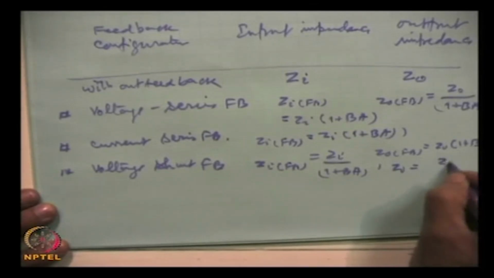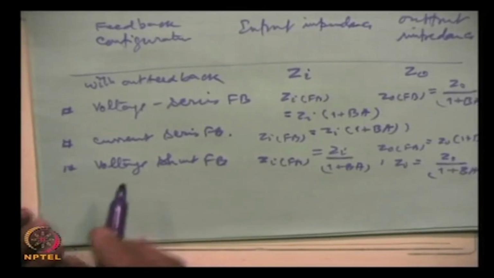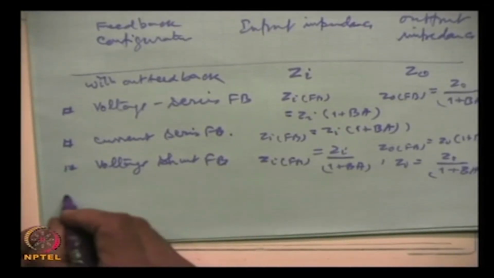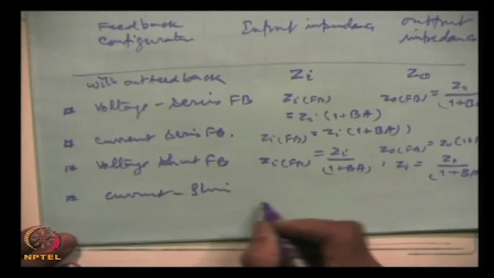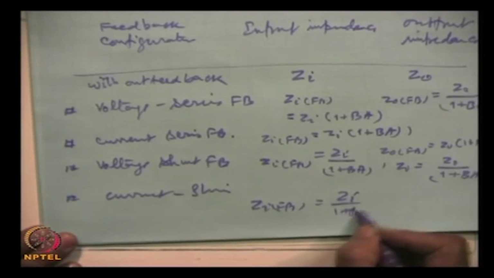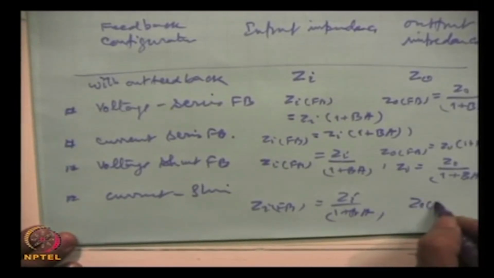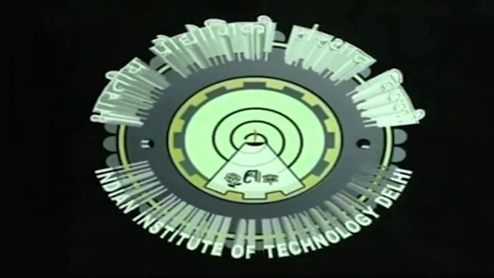So all kinds of combinations are there. Finally, for current shunt, the input Z I F B is reduced, Z I divided by 1 plus B A, and the output Z 0 F B is increased, Z 0 into 1 plus B A. This is how the impedance levels are modified by the incorporation of negative feedback.